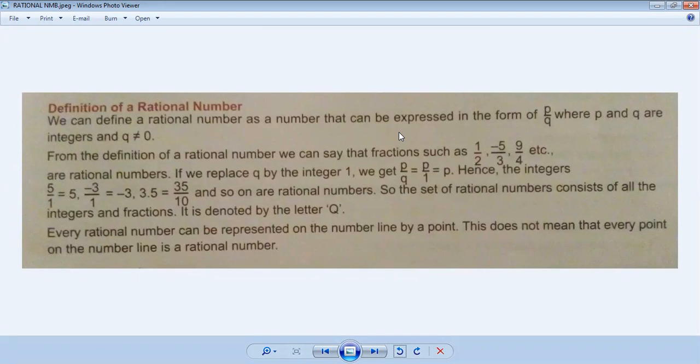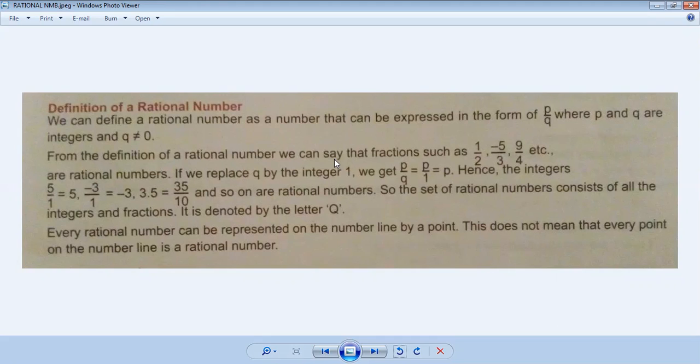Now there's one more point to the definition. If we replace the denominator q in this fraction by the integer 1, what will we get? p upon q becomes p upon 1, which is p. When there's 1 in the denominator, we can write only the numerator.